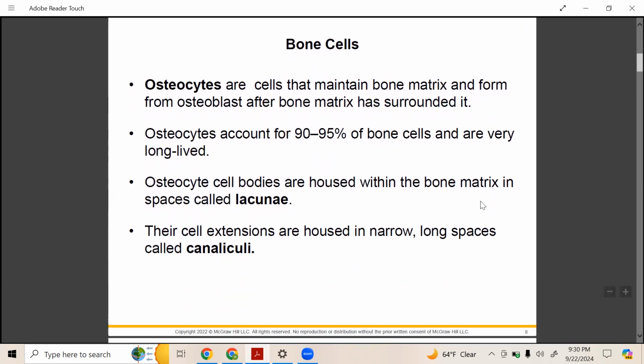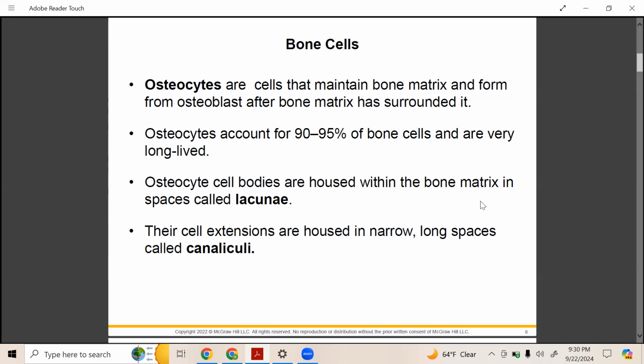Okay, osteocytes are our maintenance cells. They're going to maintain our bone matrix. Osteocytes are mature osteoblasts. After our bone extracellular matrix has surrounded an osteoblast completely, it matures or transforms into an osteocyte. A majority of our bone cells are osteocytes.